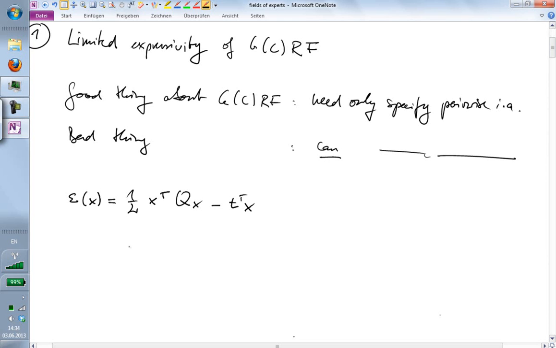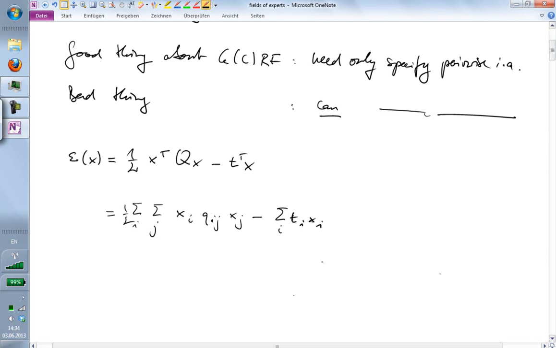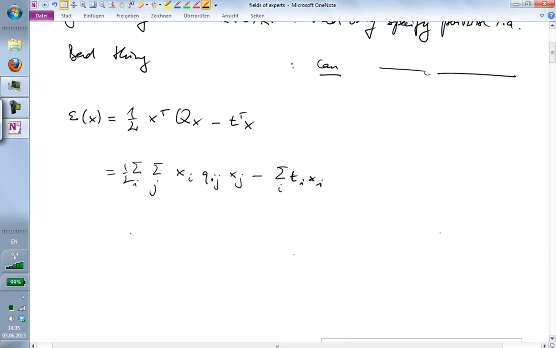And if I write it out, so let Qij be the ijth element of matrix Q. So in other words, I could write this as a potential psi ij depending on xi and xj.